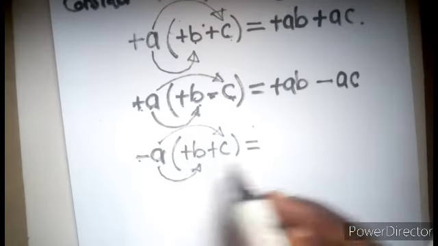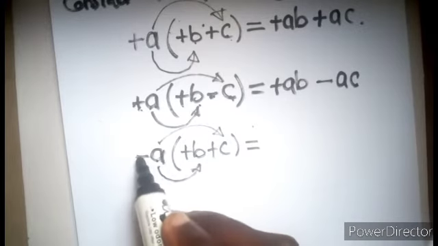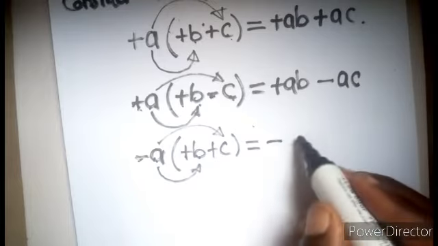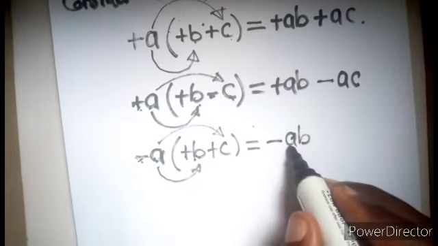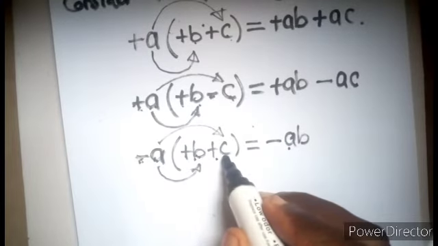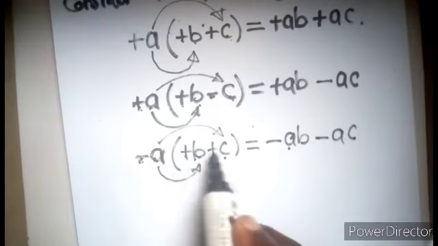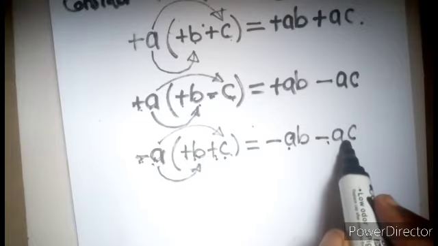Negative a times positive b is negative ab, because negative times positive is negative, so a times b is what? ab. So negative a times positive b is negative ab. Negative a times positive c is what? Negative ac, simply because negative times positive is negative and a times c is ac.